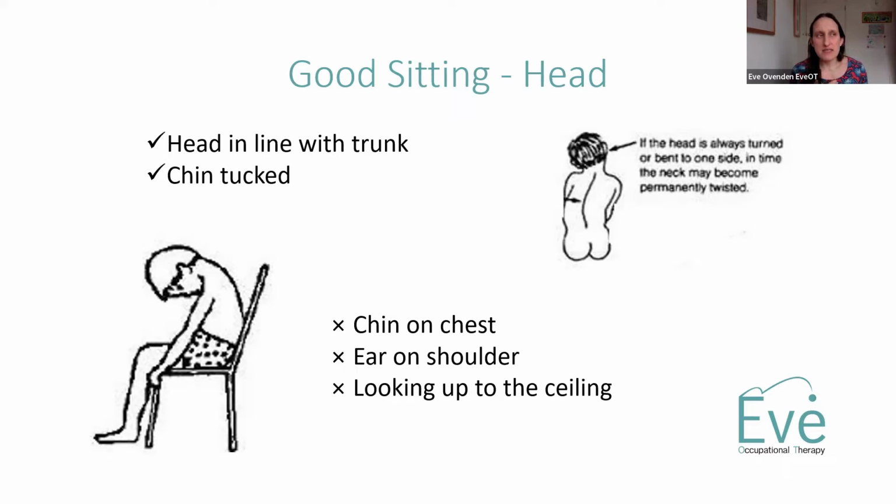Because children in particular that have low trunk control and low trunk tone, the head is very heavy, and so we don't want their chin on the chest or their ear on the shoulder or looking up to the ceiling, because that makes it really difficult to swallow, and also to control the breathing.